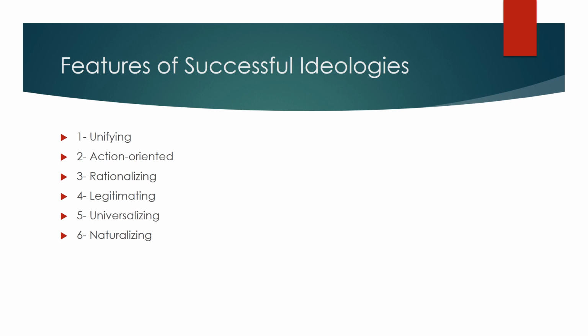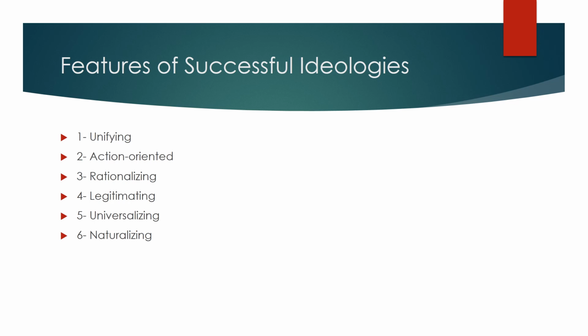So here we have 6 features of a successful ideology, and of course later we will find these 6 features in the novel, in The Scarlet Letter, in the coming lectures. So please be patient and let's see these features.